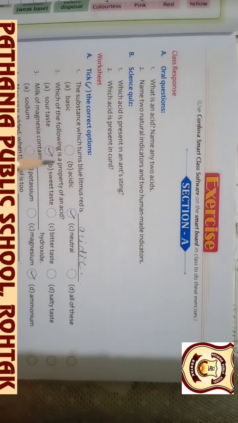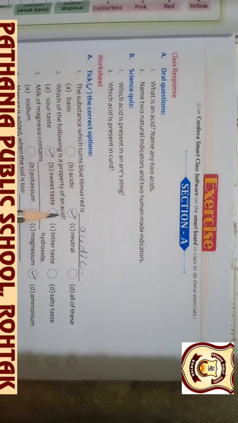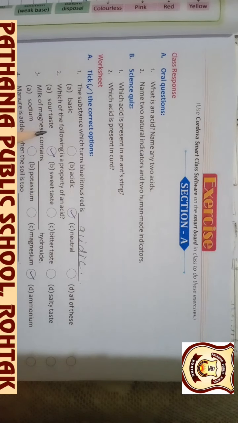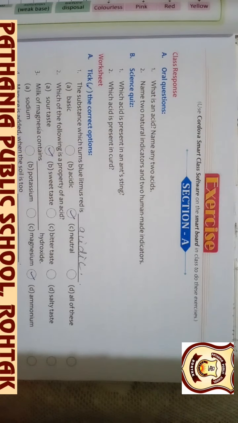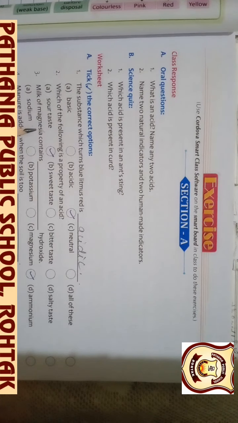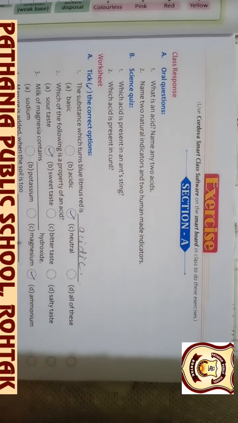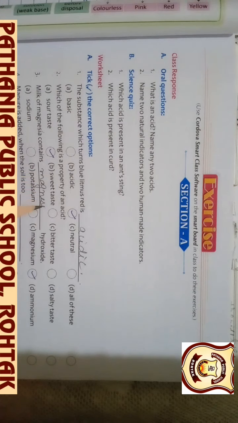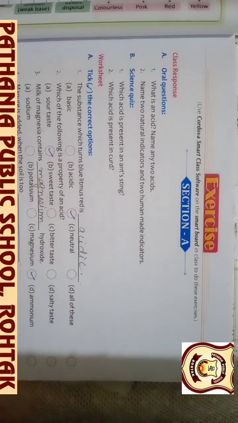Which of the following is a property of an acid? Acid has the property of sour taste, so sour taste is the right option. Milk of magnesia is an antacid, bitter, and made up of magnesium, so you have to write in this blank magnesium hydroxide.